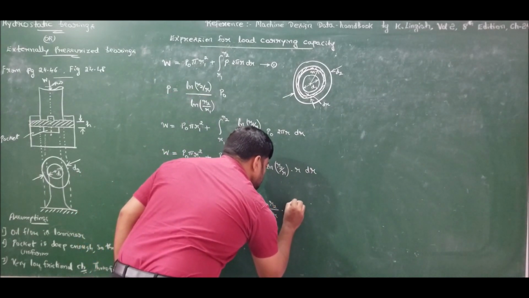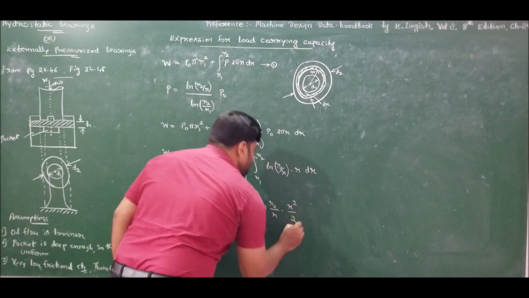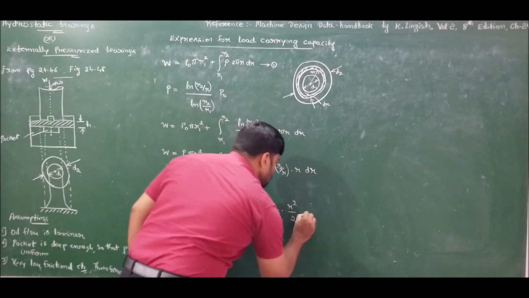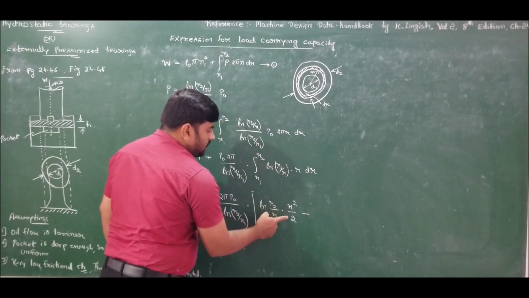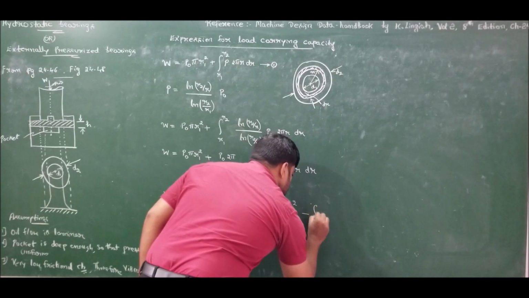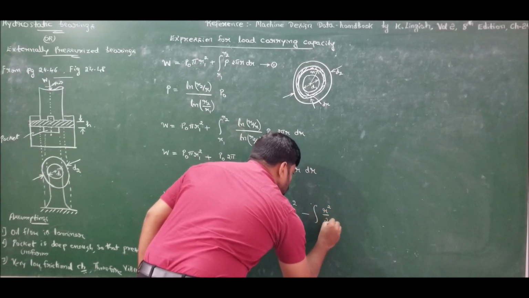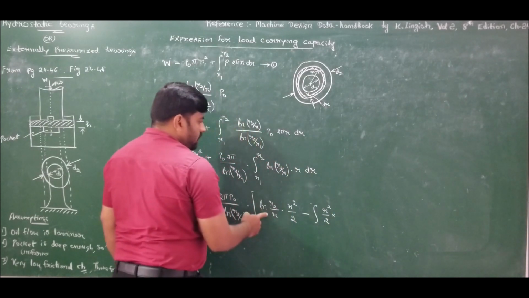Integral of second will yield us r square by 2. Integral of r is r square by 2, minus integral of second, that is integral of integrated second is r square by 2 into derivative of first.